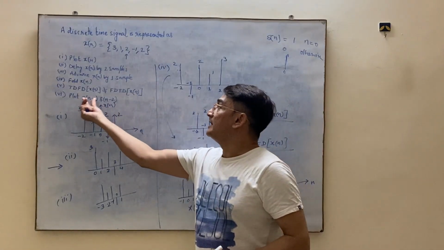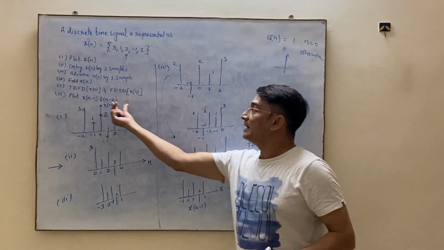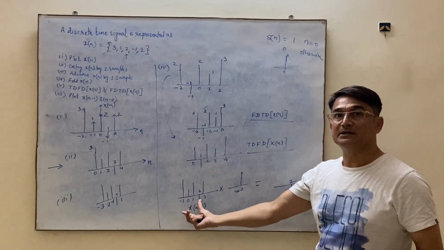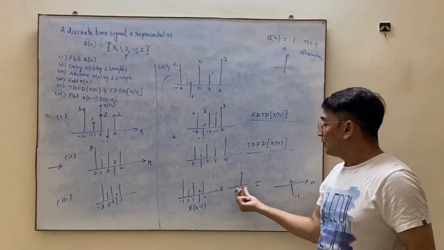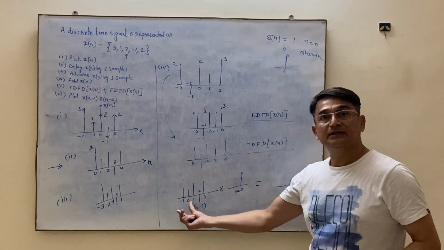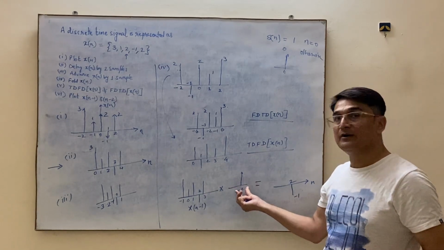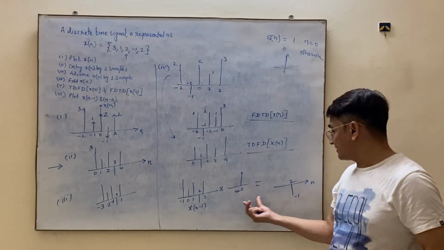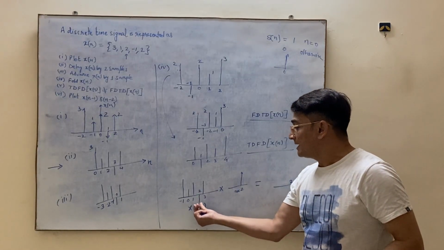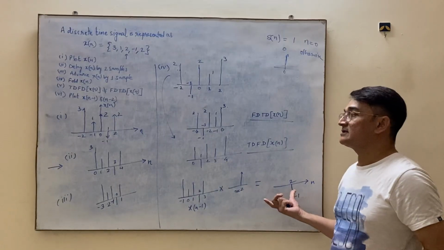That means first you have to delay your signal, then delay your impulse signal, and then multiply the corresponding samples. As you can see, only at n equal to 2 you will get something, all the other values will automatically be 0 because there is no value existing in δ[n-2] other than at n equal to 2. So at n equal to 2, your x[n-1] is giving value minus 1. So minus 1 into 1 is minus 1. So this is the answer.